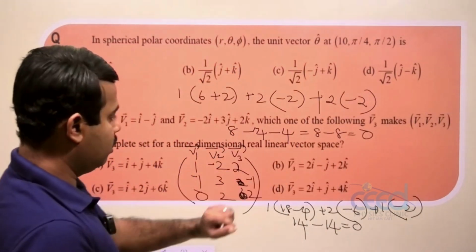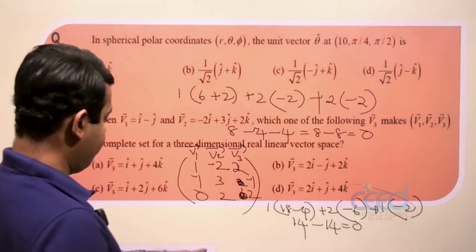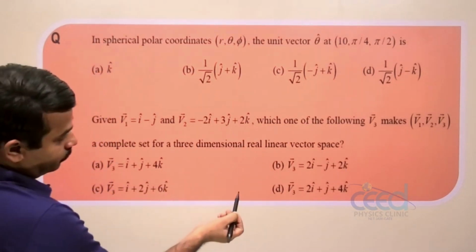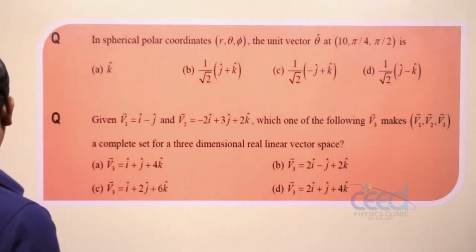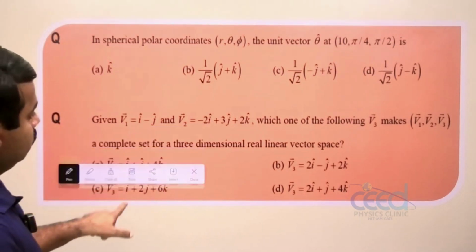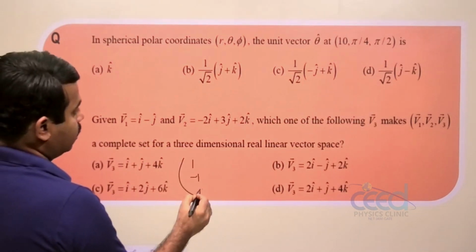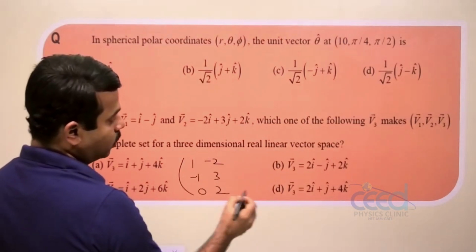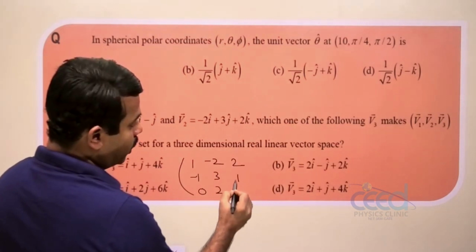Now let us check the fourth option. Again the rows are 1, minus 1, 0 and minus 2, 3, 2, and the fourth option is 2, 1, 4.